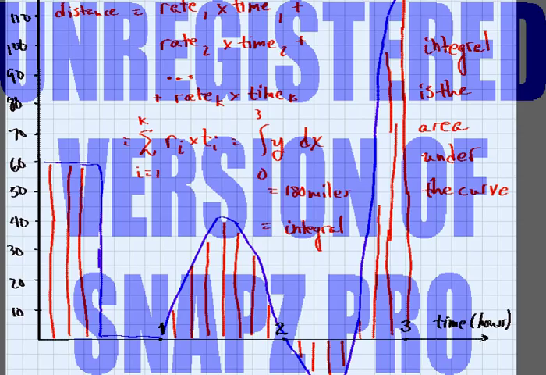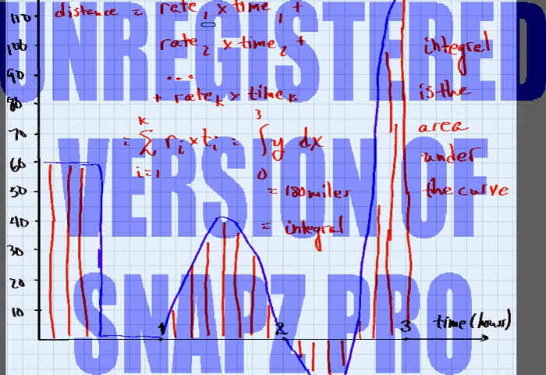And so that blue graph tells us how our speed varied throughout the entire 3-hour trip. But even though the curve is much more complicated, we can still in principle break it down into a bunch of little rectangles where the rate was constant for that little amount of time.